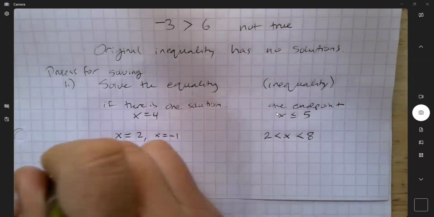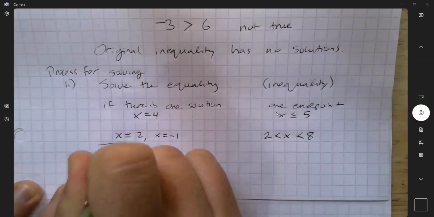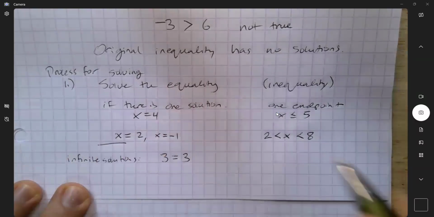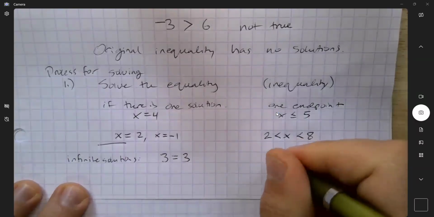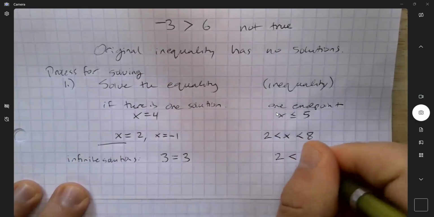You might have infinite solutions, which in the world of an equality is when you say something obvious like 3 equals 3. And in the world of an inequality, it would also be something obvious like 2 is less than 10.